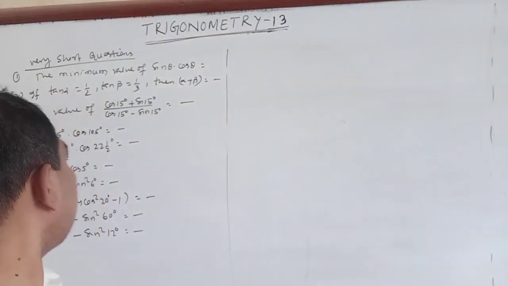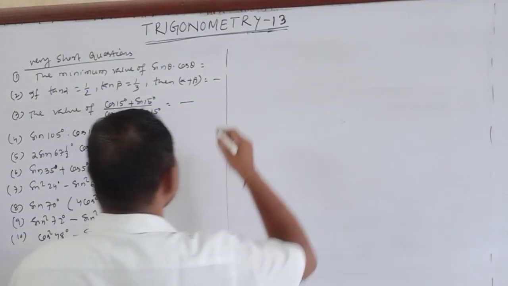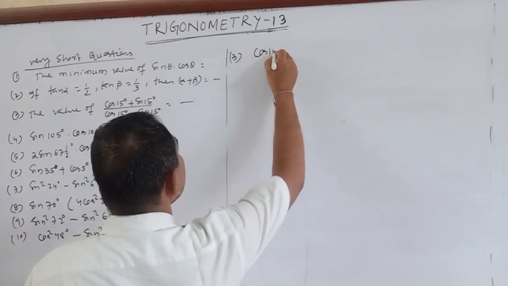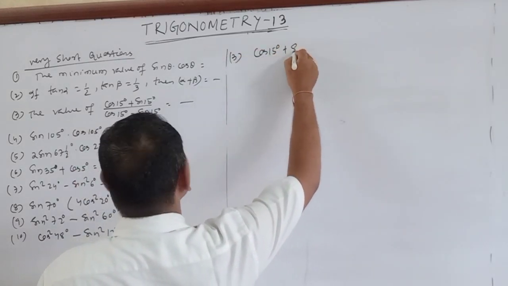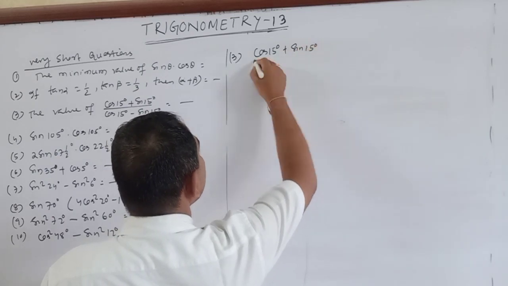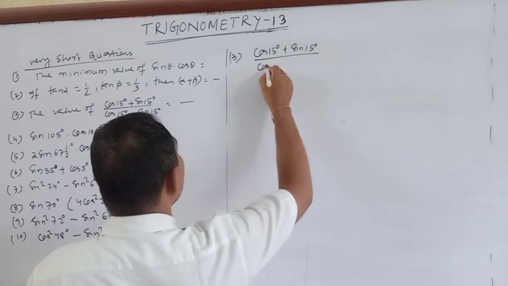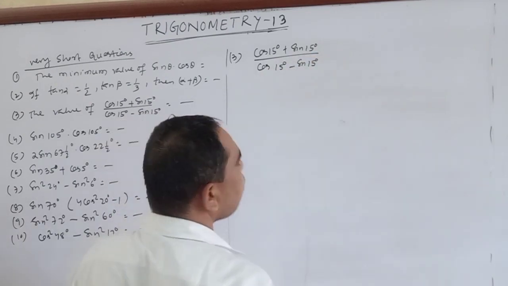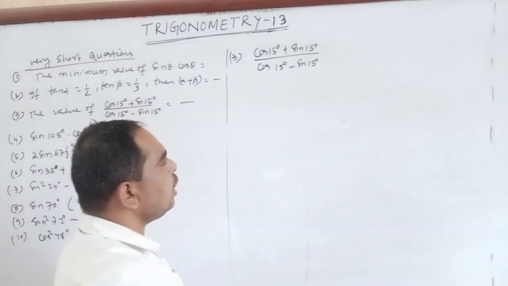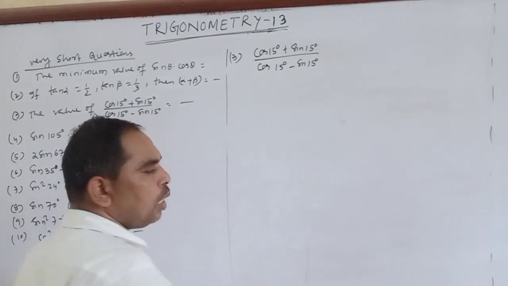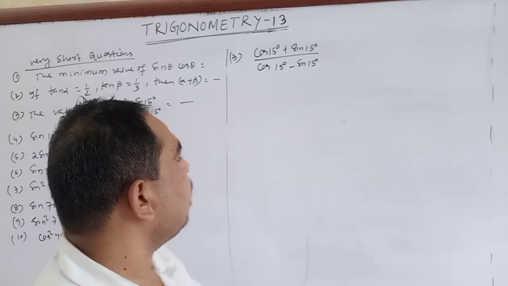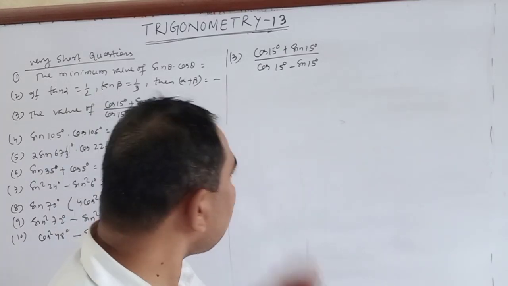Next, question number 3: cos 15 degree plus sin 15 degree divided by cos 15 degree minus sin 15 degree. Dividing both numerator and denominator by cos 15, or use the formula.